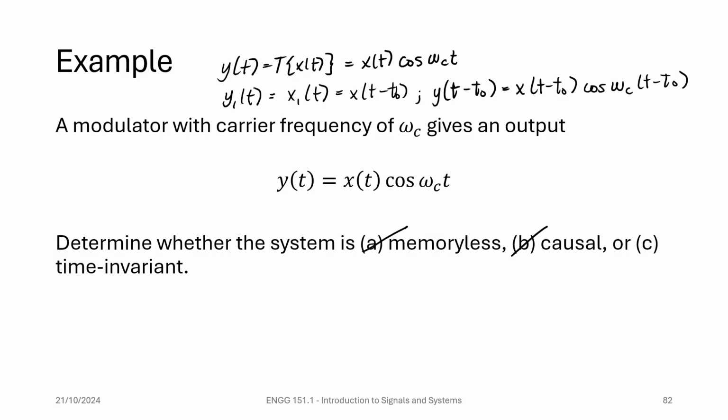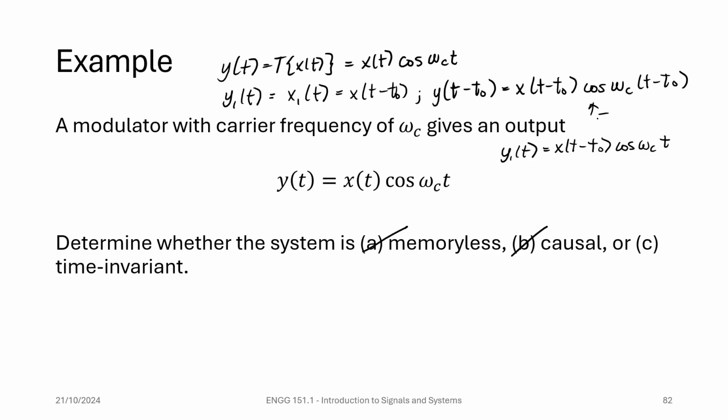Going back to our original y1 of t, that is not equivalent to this. Why? Because our y1 of t is equal to x of t minus t naught cosine omega c t, with no time shifting involved in the modulator.